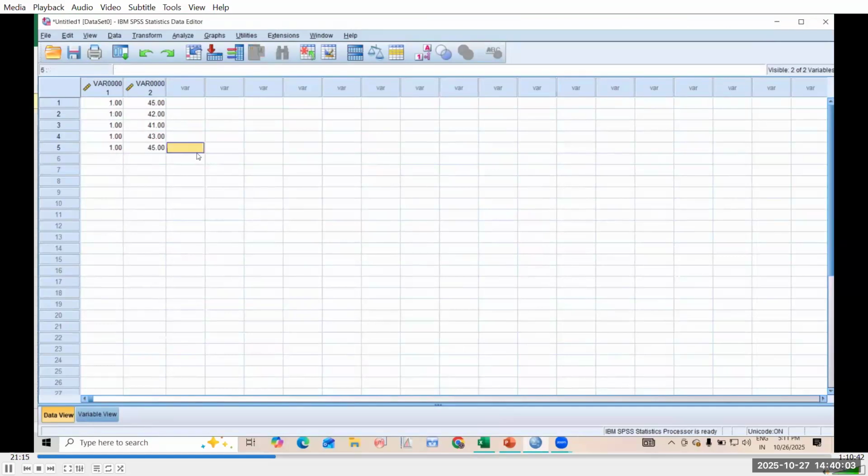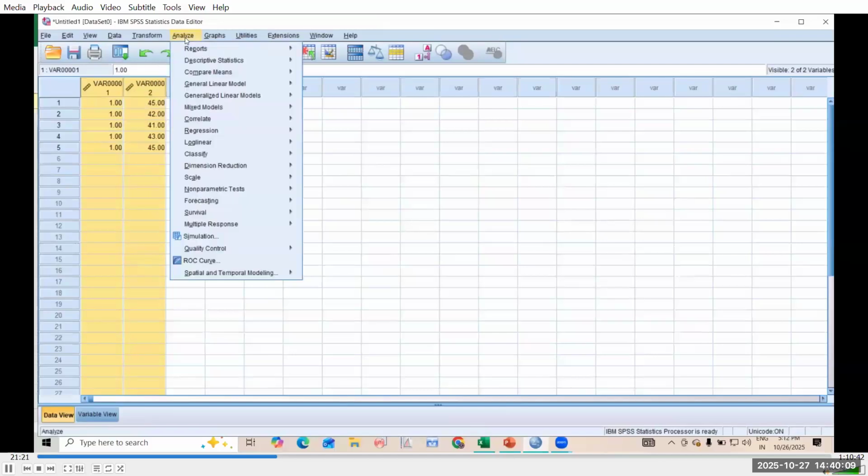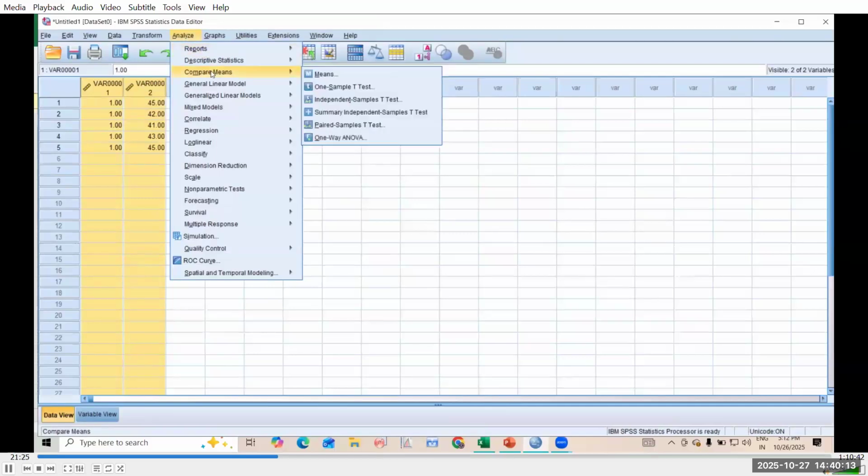Then we'll go for the t-test analysis. Select both groups, go to the Analyze tool, and then Compare Means. In Compare Means, one is descriptive statistics, that is Means. It will show the mean, median, standard deviation, variance. I'll not go for this.